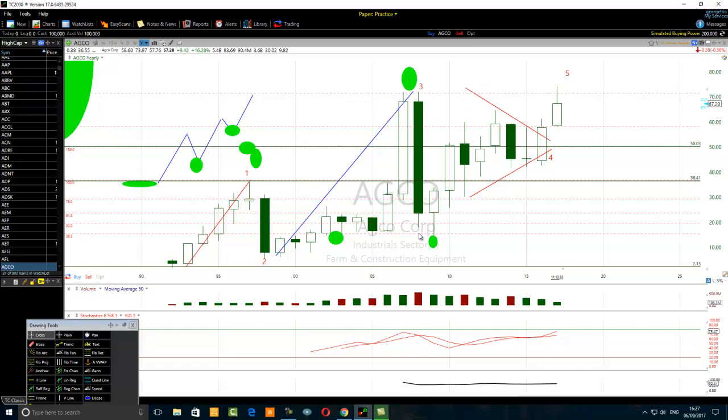Those sharp corrections can create Elliott wave rules violations. I'm not saying that all sharp corrections will definitely create Elliott wave rules violations, but sometimes those sharp corrections can. A sharp correction is a distortion to a certain degree.